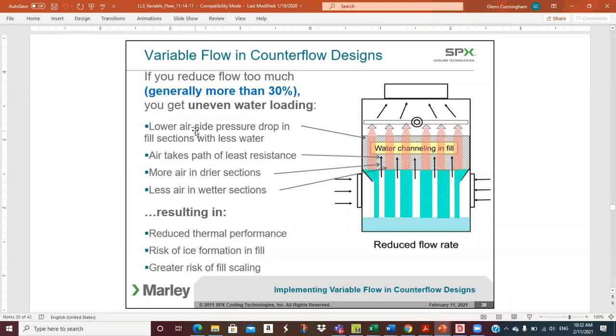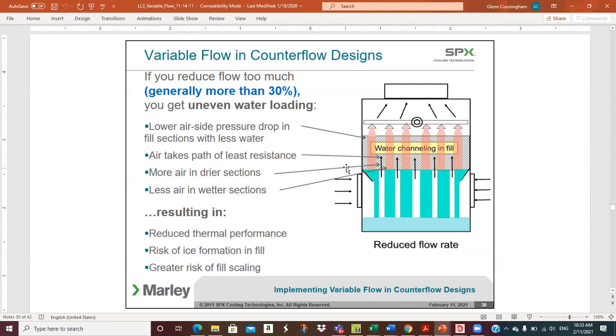So there you have it. Lower air side pressure drop in the sections with less water. Air takes path of least resistance. More air in drier sections, less air in wetter sections, resulting in bad thermal performance, risk of ice formation, and greater risk of scaling.